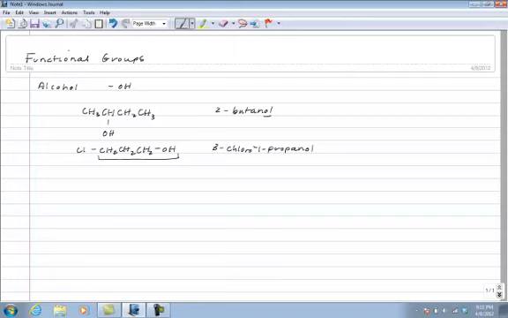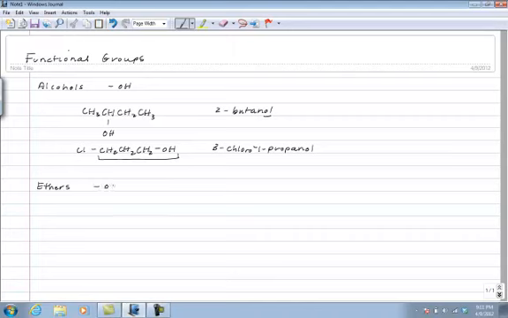Another kind of functional group is called an ether. So ethers, maybe make them all plural, alcohols, ethers. It's another group of organic compounds in which oxygen is bonded to carbon. So how would that look?